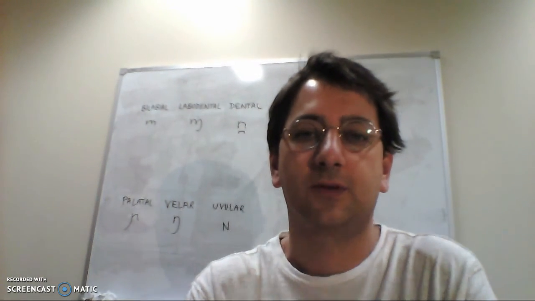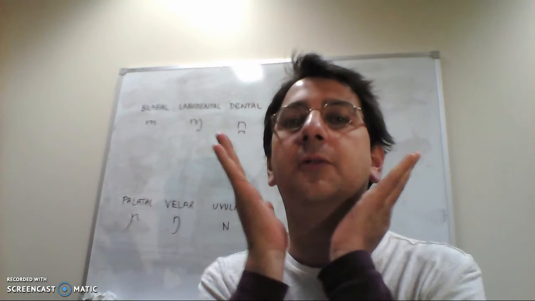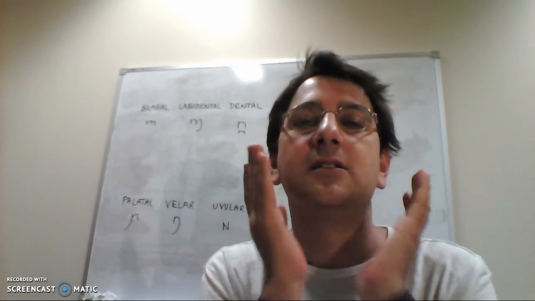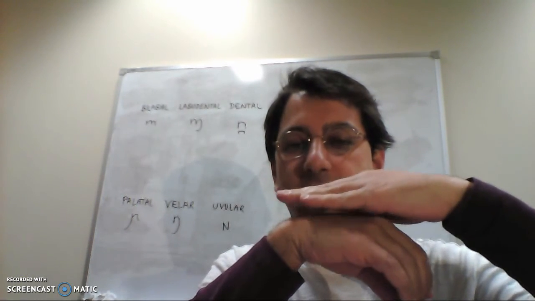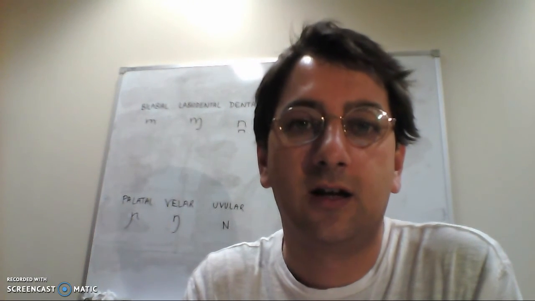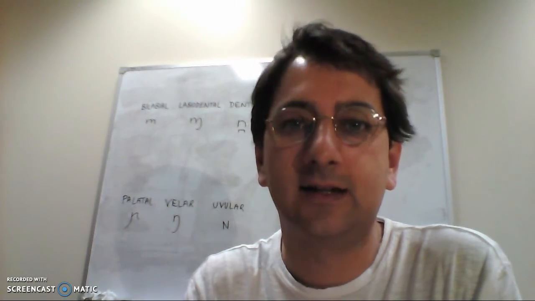Third, with your hands, you can raise your jaw. So now you're making a full contact between your tongue dorsum and the palate. And fourth, release, thinking that you're pronouncing N.